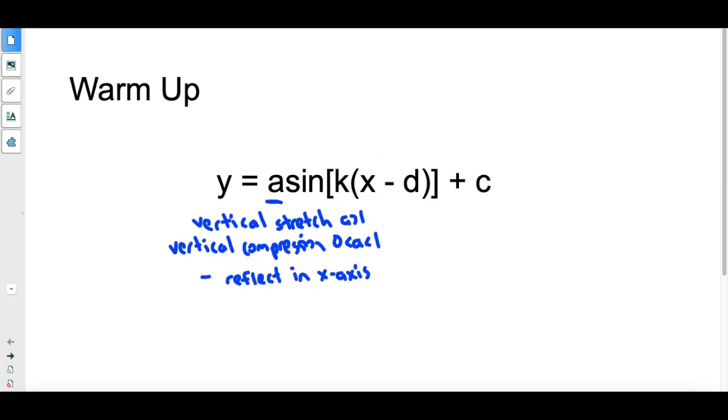Okay, what about my k value? Well, my k value tells me my horizontal stretch, or my horizontal compression.